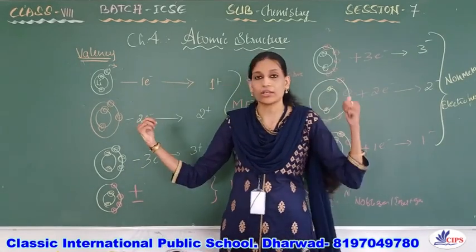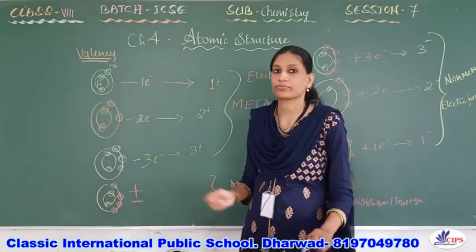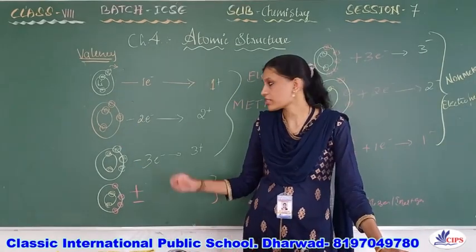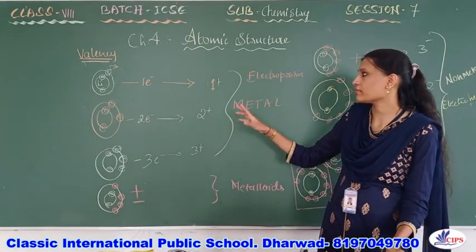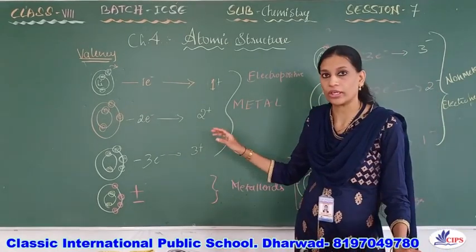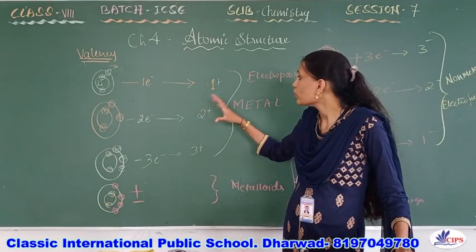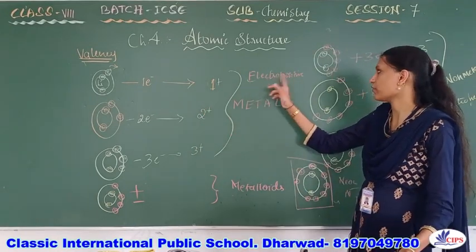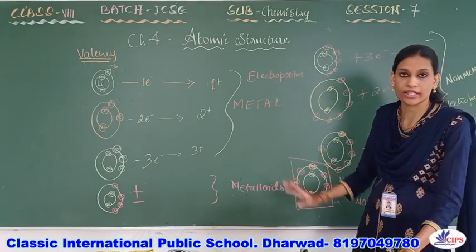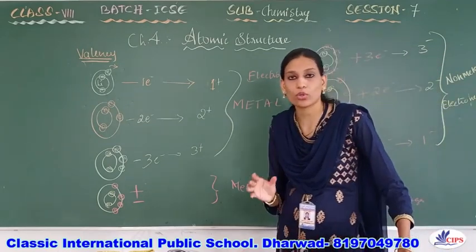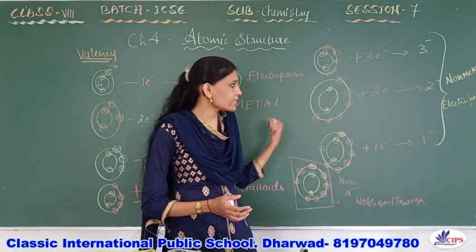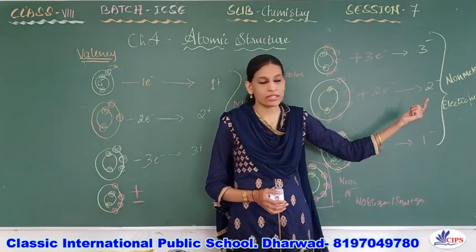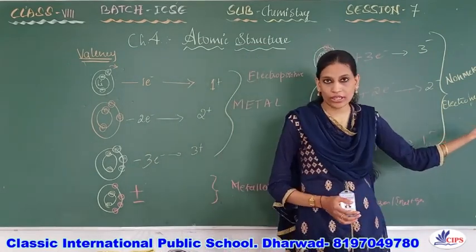So this way you will come to know that when atoms lose electrons, they form a charge on them. We call them electropositive, and they are usually metals. And those atoms which gain electrons are non-metals, and the charge on them is electronegative.